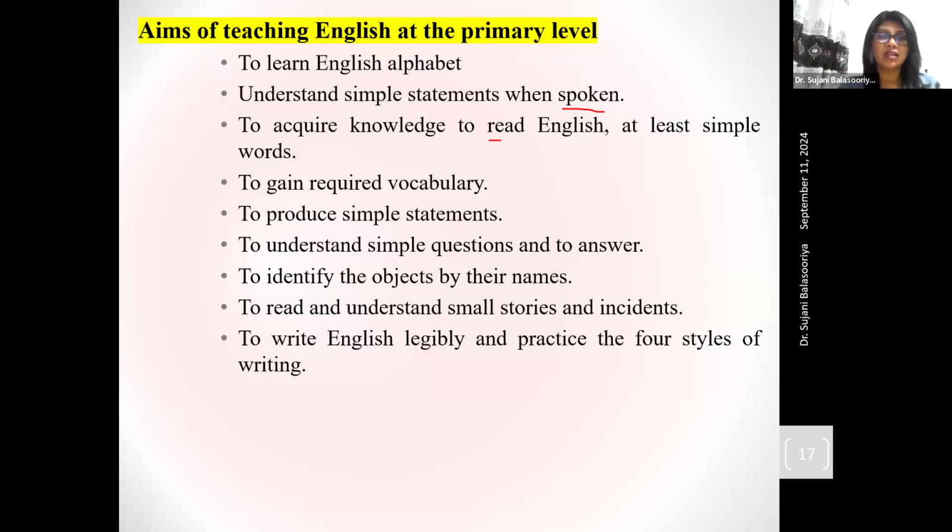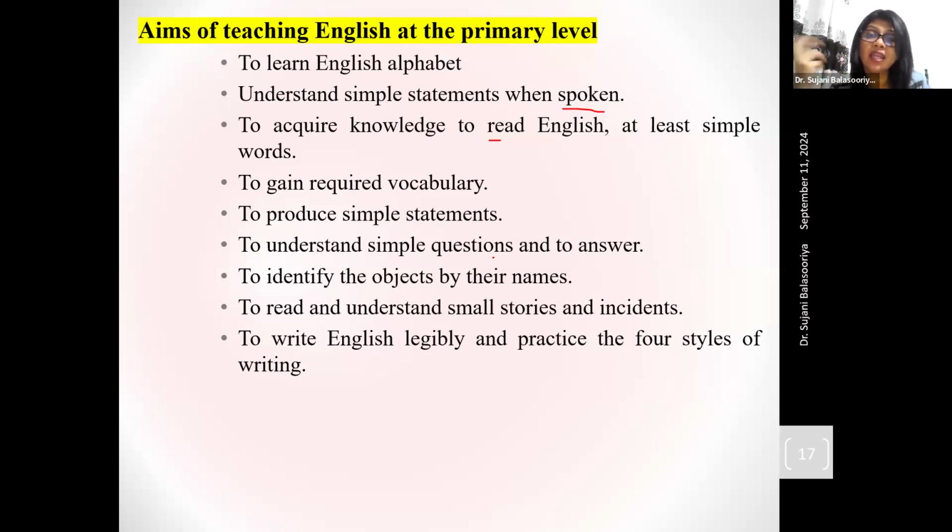That required vocabulary should be gained by the student, and to produce simple statements, and to understand simple questions and answer them. Very simple questions, and not only understanding, the student should be able to answer properly, and to identify the objects by their names, another skill.